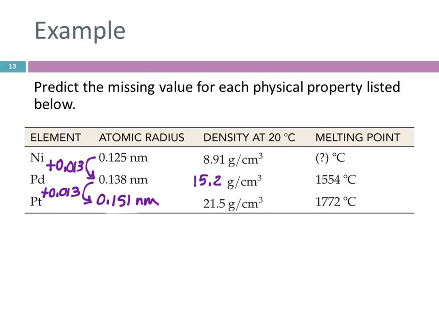How would we predict the melting point? What's the change from 1772 to 1554? Oh, I did that math wrong. I came up with 600. That's screw up number 1. Well, no, that's actually screw up number 3 for today.